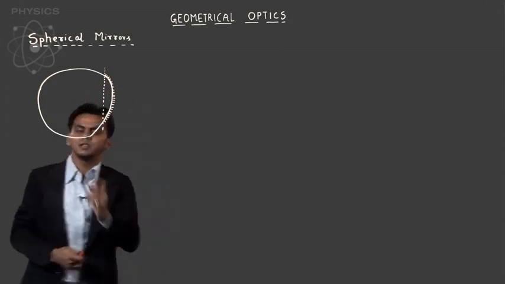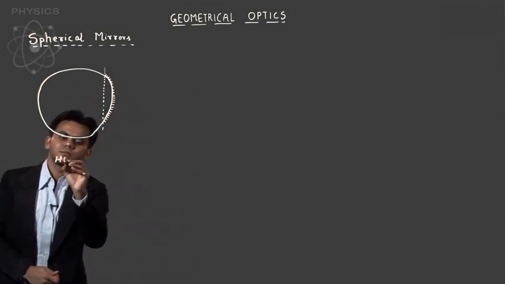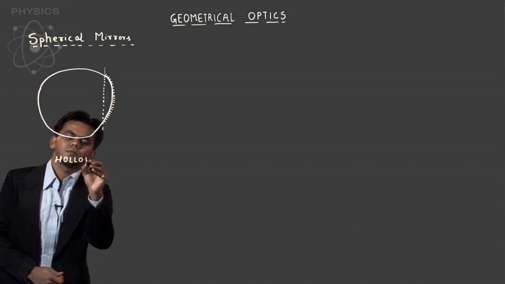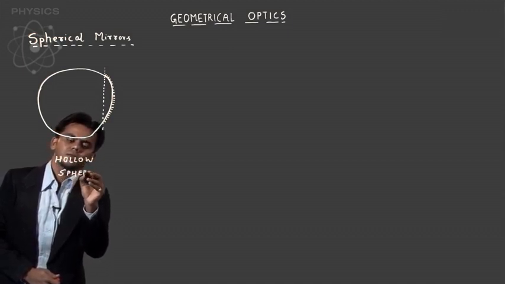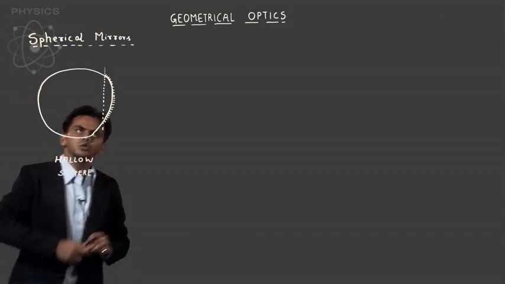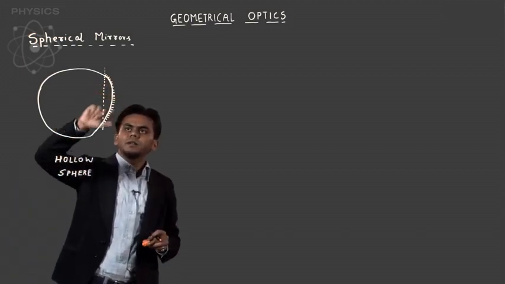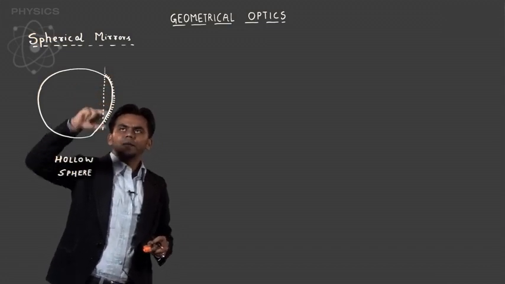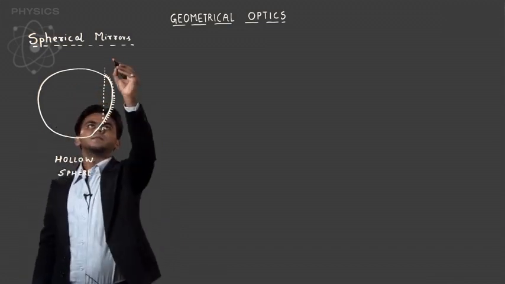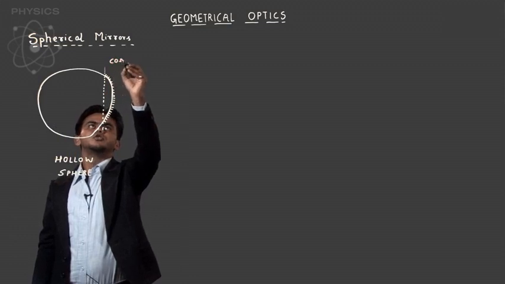This essentially is a hollow sphere. So this becomes non-reflecting and this becomes reflecting. So this kind of a mirror is known as concave mirror based on its geometry.